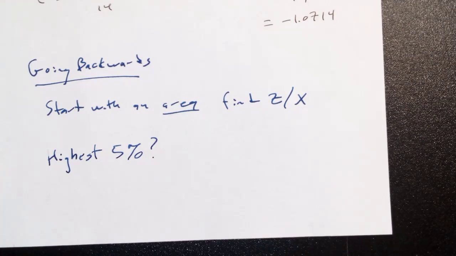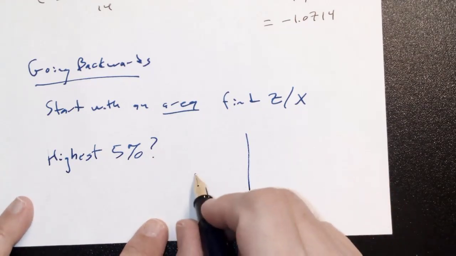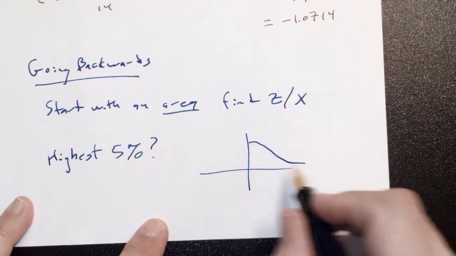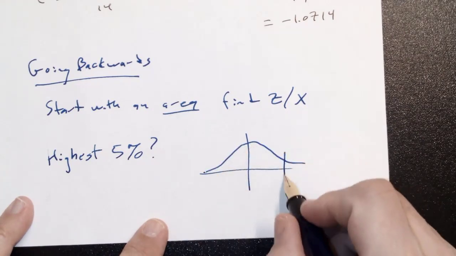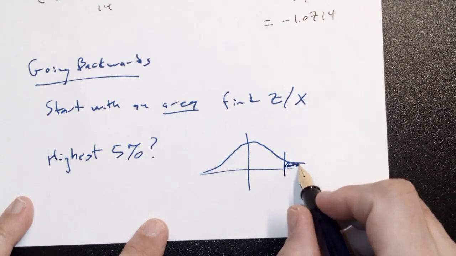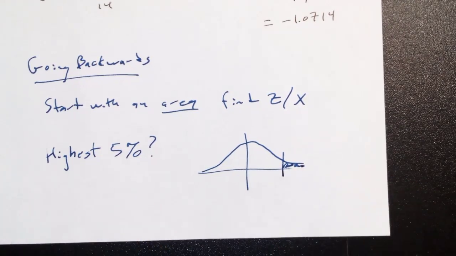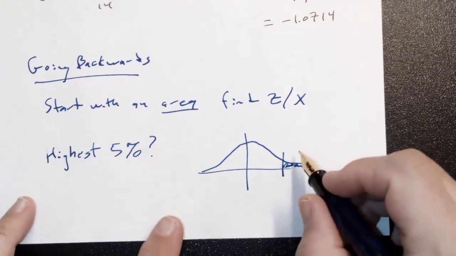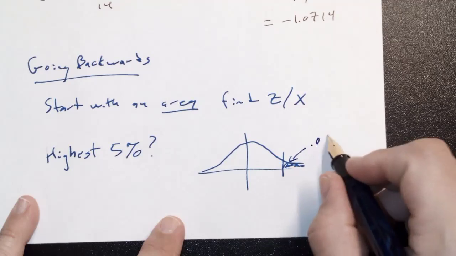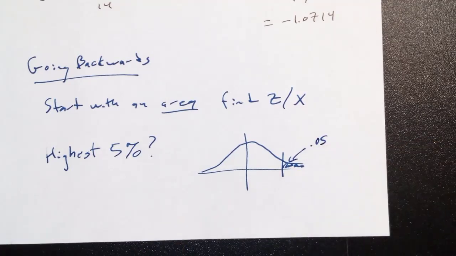Okay. I'm going to draw the picture. And I'm going to say the highest 5% should be somewhere up there. And this time I know the area is 0.05. So let's think about this.